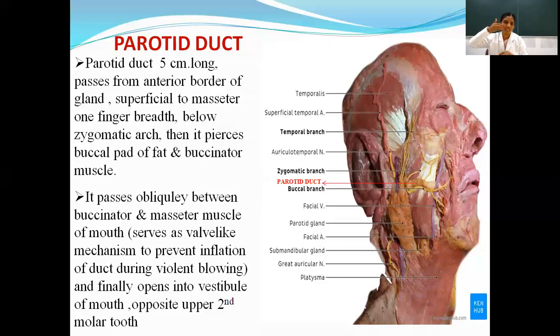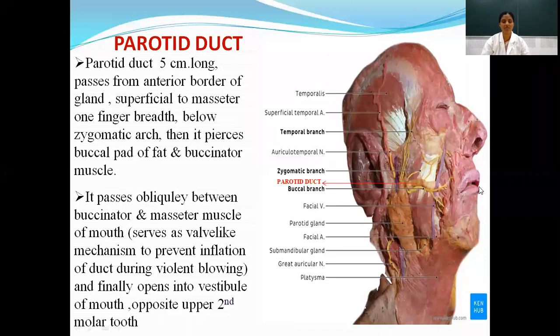Then it pierces the buccal pad of fat. Here the duct is present between two muscles, laterally the masseter, medially the buccinator. After that, it extends just beneath the mucosa of the oral cavity. Finally, it opens on a papilla. I first told you the parotid duct opens into the vestibule. What is the vestibule? The oral cavity is divided into the vestibule and the oral cavity proper.